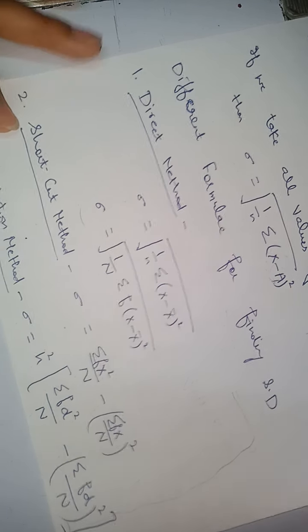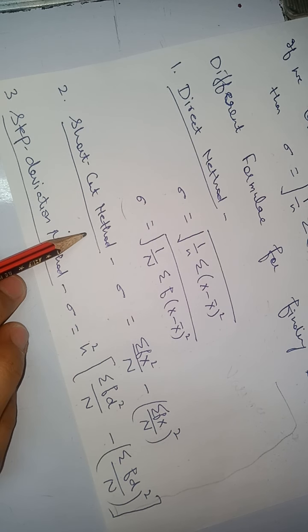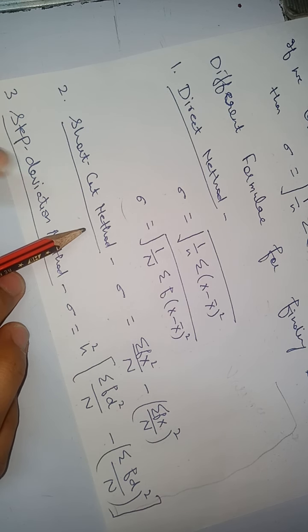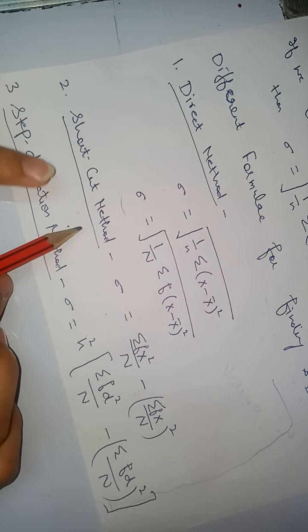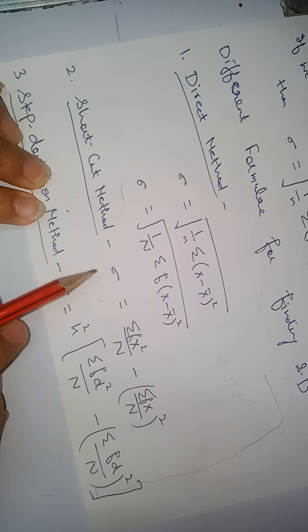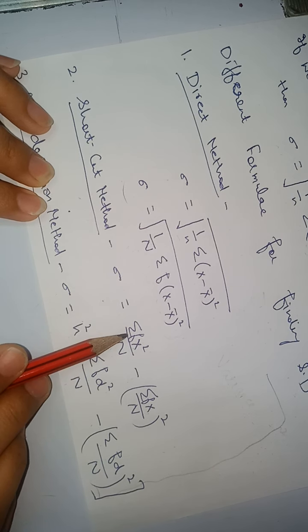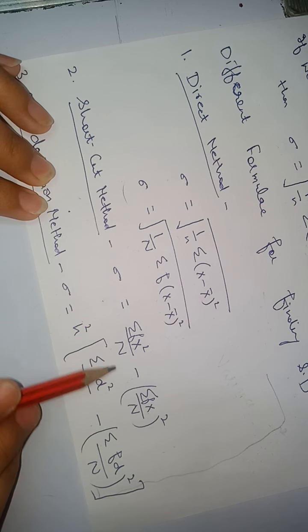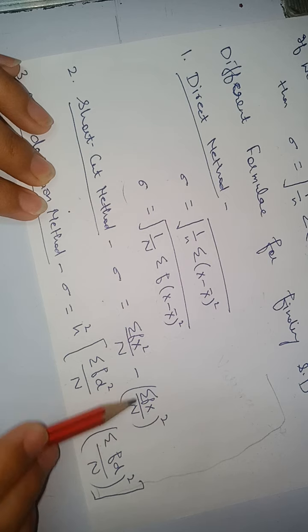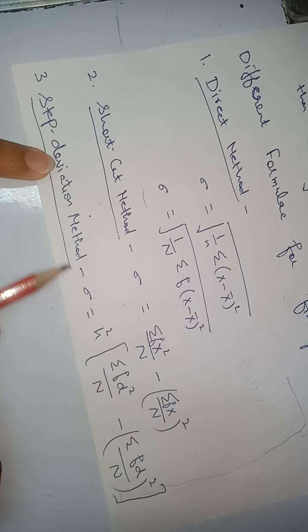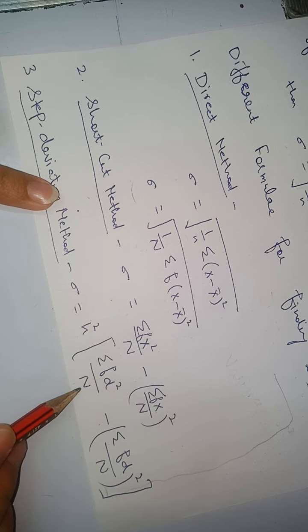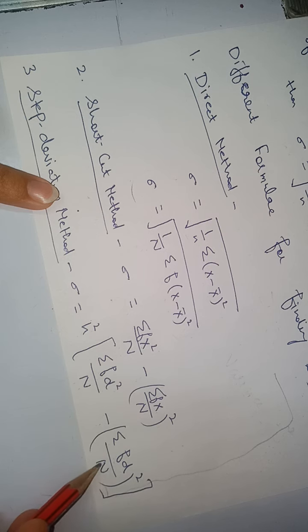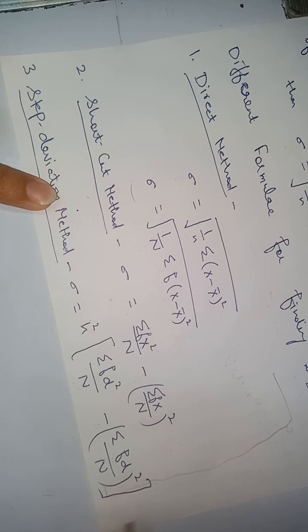Sometimes the statement says to apply the shortcut, step deviation or direct method. In the shortcut method, sigma equals the square root of summation f x square by N minus (summation f x by N) the whole square. Similarly, in the step deviation method, sigma equals h times the square root of summation f d square by N minus (summation f d by N) the whole square. We get the same answer from these formulas.